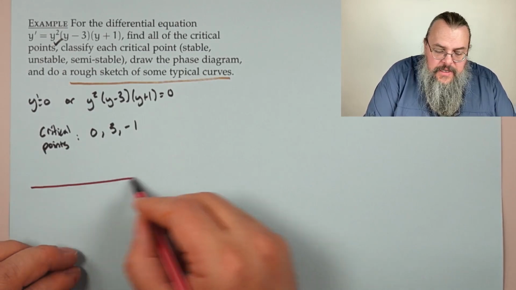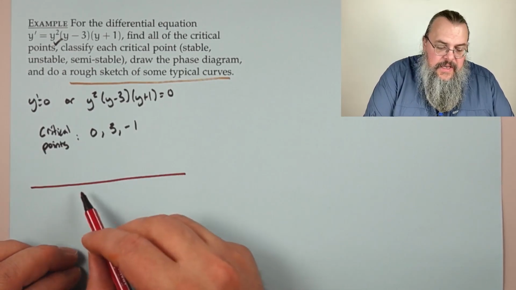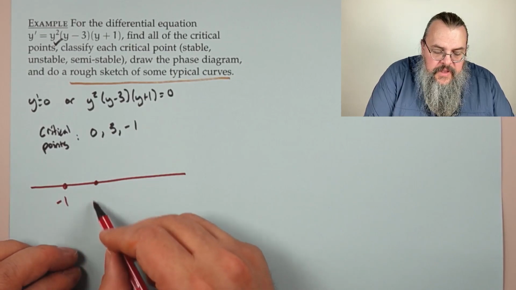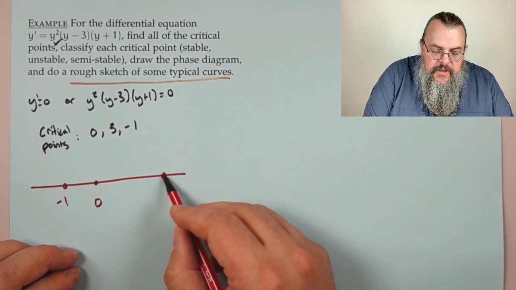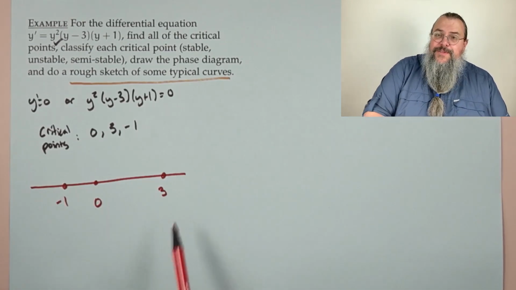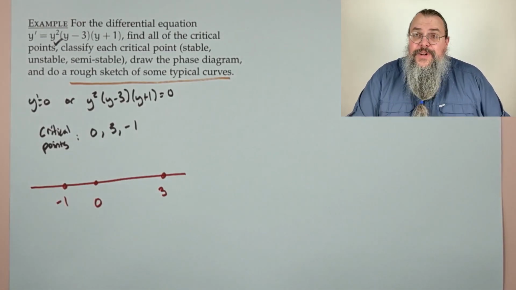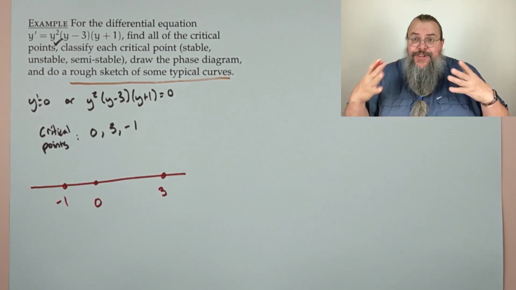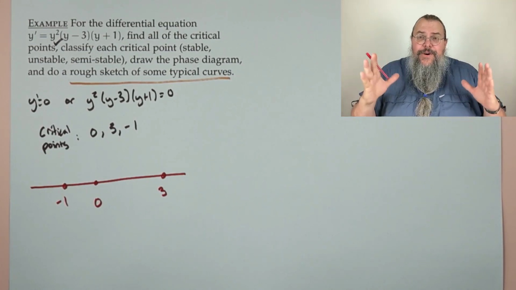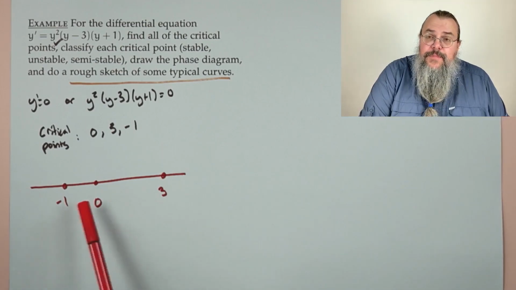We draw a line. And we mark our points. So we have negative 1, 0, and 3. You don't actually have to worry about the spacing, but you do need to put them in the right order. All right, so what do we do? Well, you channel your inner Calc 1 student and say, oh, well, now I would test points in between.